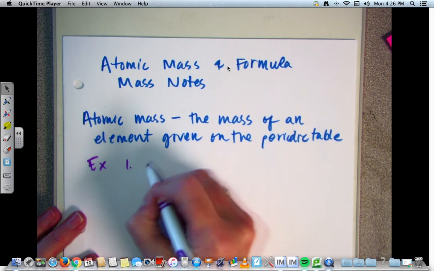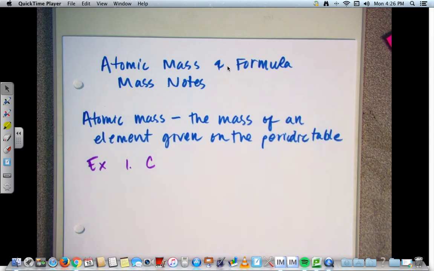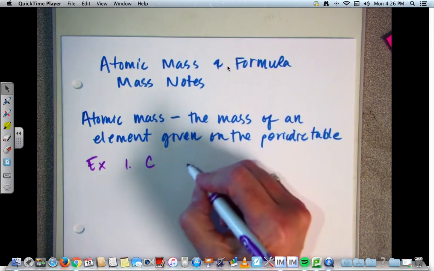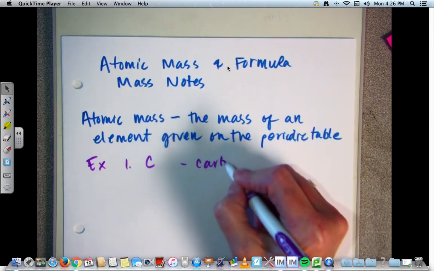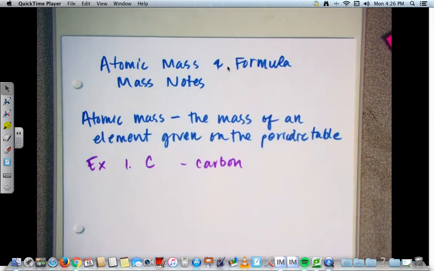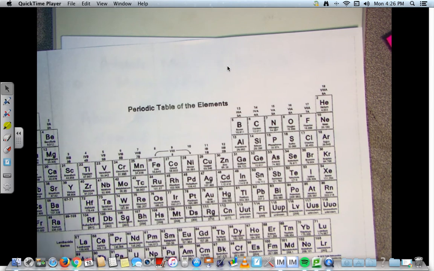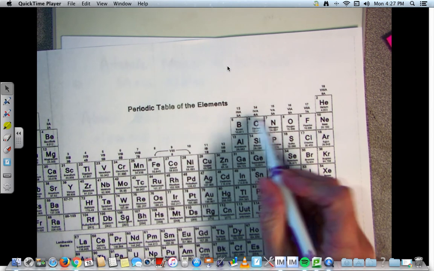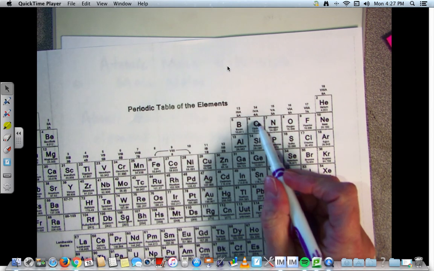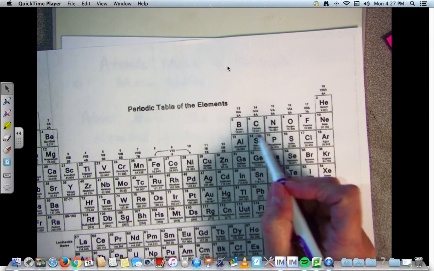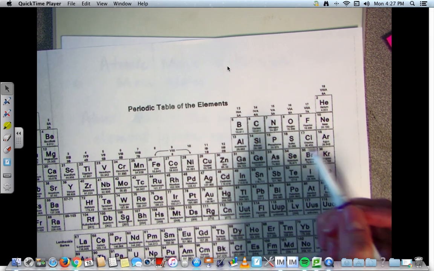Example 1, C. Most of you know that C is carbon. And when we look on the periodic table, carbon is over on the right hand side. You see the big capital C, it says carbon, and then this is the mass that we use of carbon.